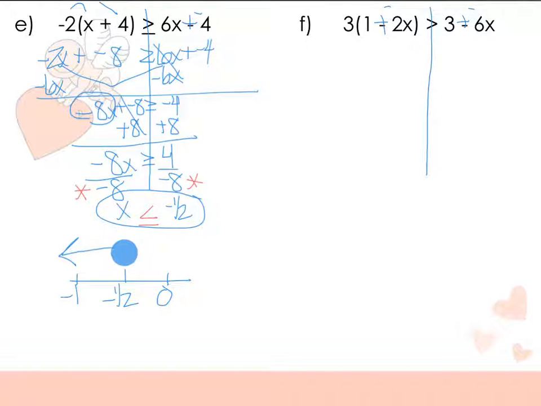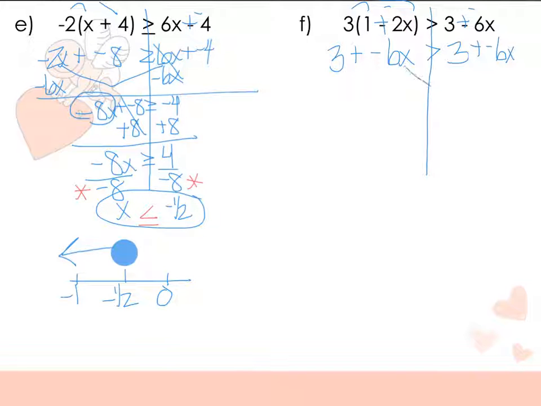There's parentheses, so we're going to distribute. 3 times 1 is 3, plus 3 times a negative 2x is a negative 6x, is greater than 3 plus negative 6x. Now, this step, some of you guys might start to notice something. If not, you'll see it here in 1 second.